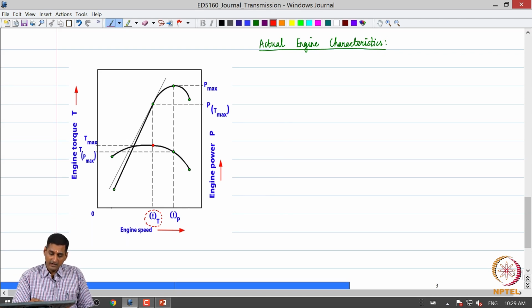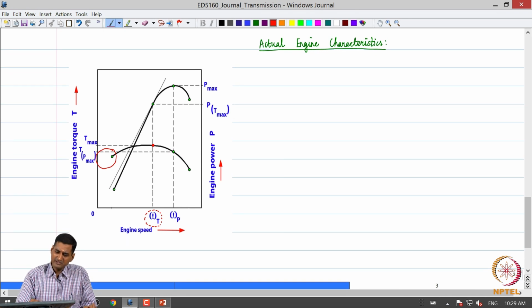Another point we have to observe is that in an internal combustion engine, the engine itself provides very little torque when the speeds are low and practically no torque when the speed is close to 0. That is why, when we operate with an internal combustion engine, we require what is called a move off element to move the vehicle from rest. That is something we are going to discuss shortly.